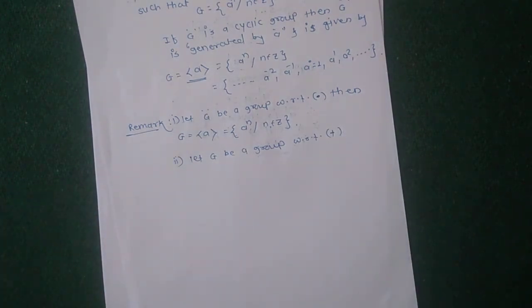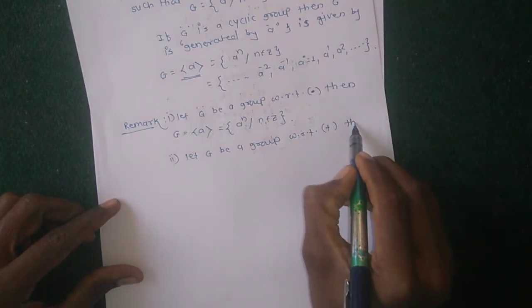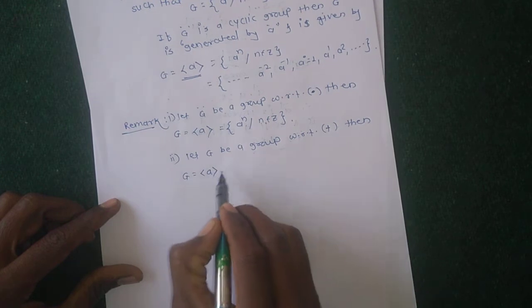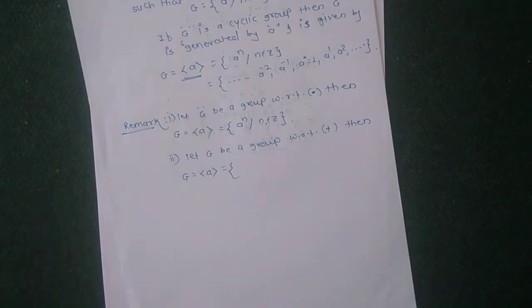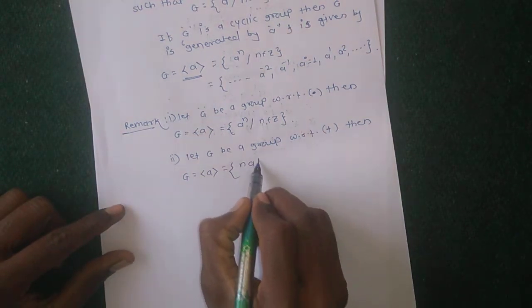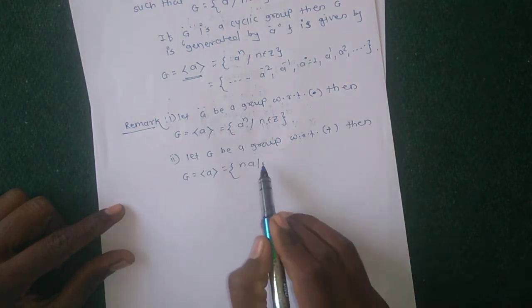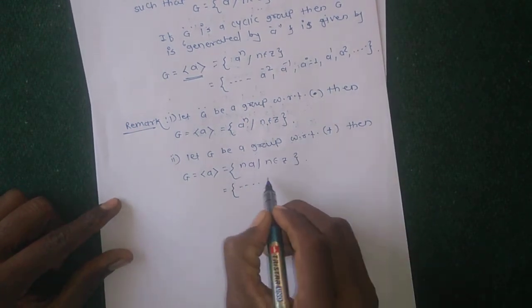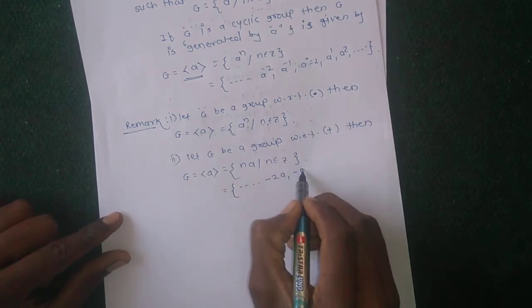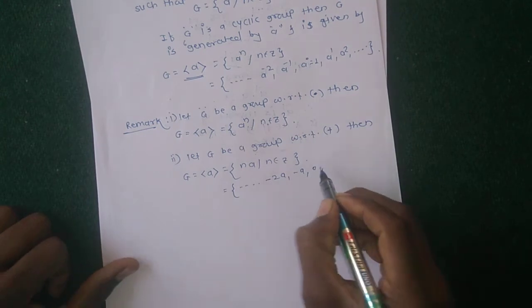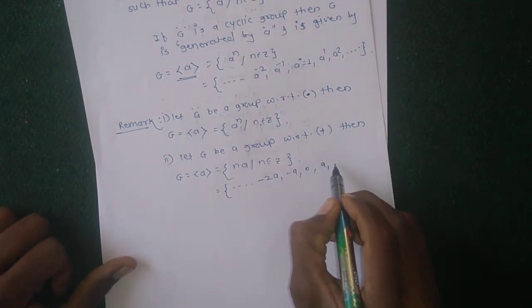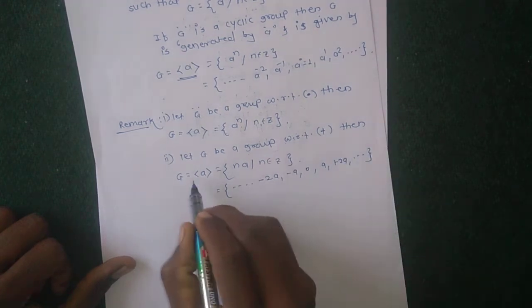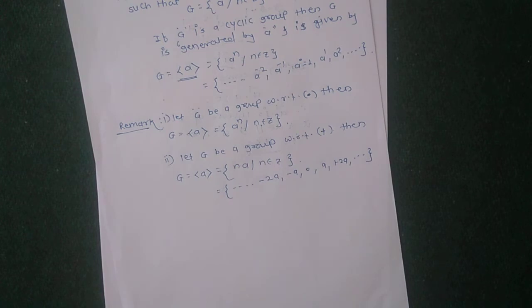If a group is a group with respect to addition, then G is generated by a, and how do we find the elements? They are n times a, not a power of a, where n belongs to the set of integers Z. This set is of the form: minus 2a, minus a, 0 times a, then a, 2a, and so on, n times a. This was one example with respect to multiplication.